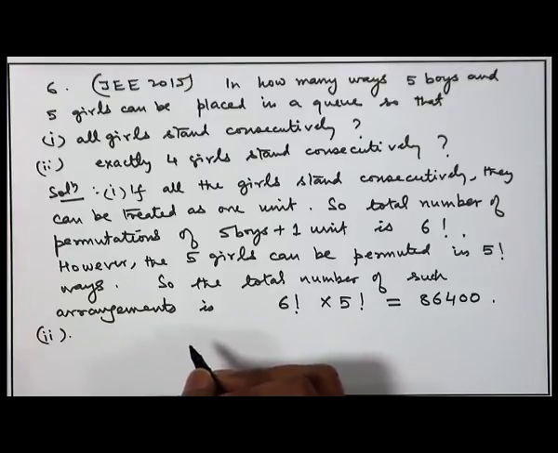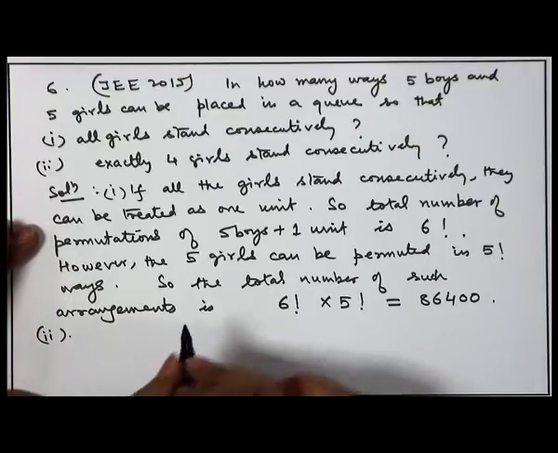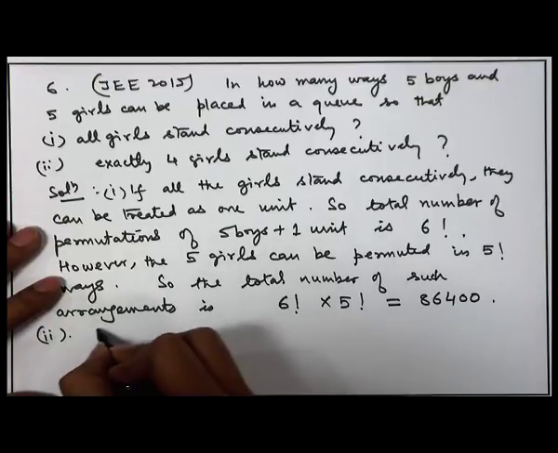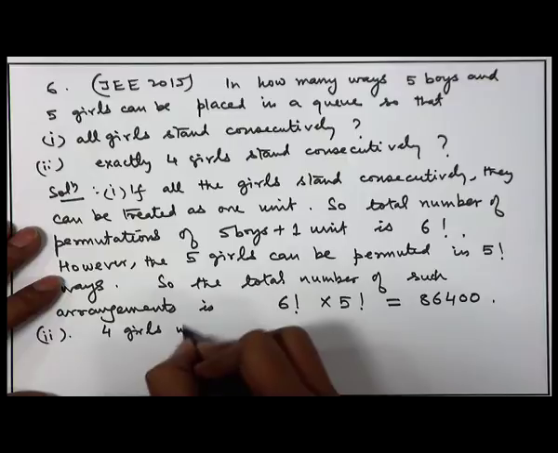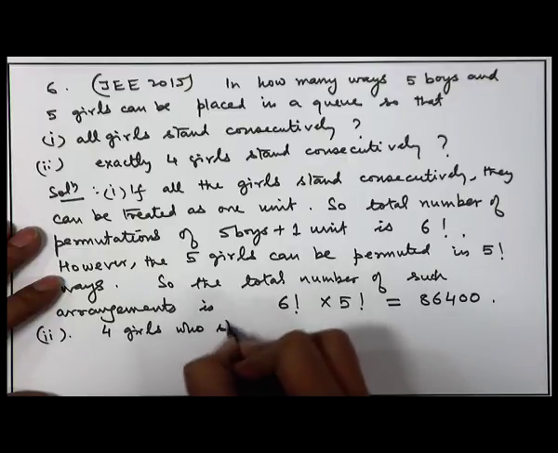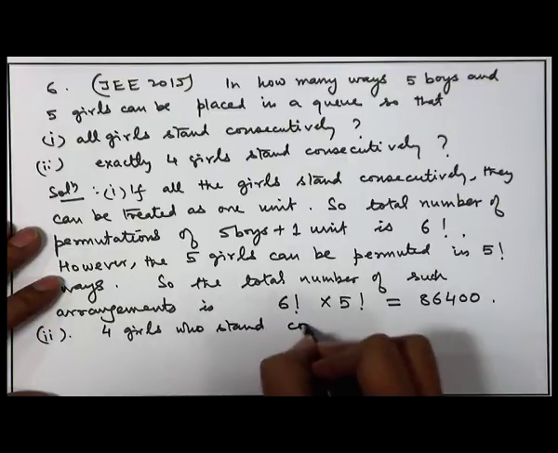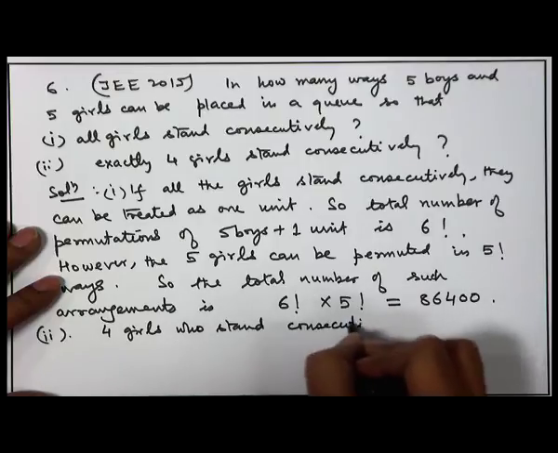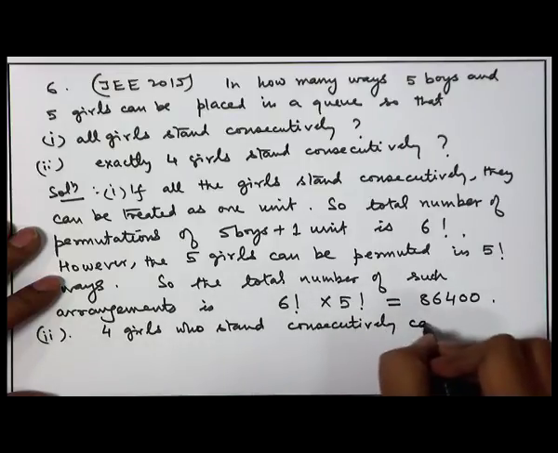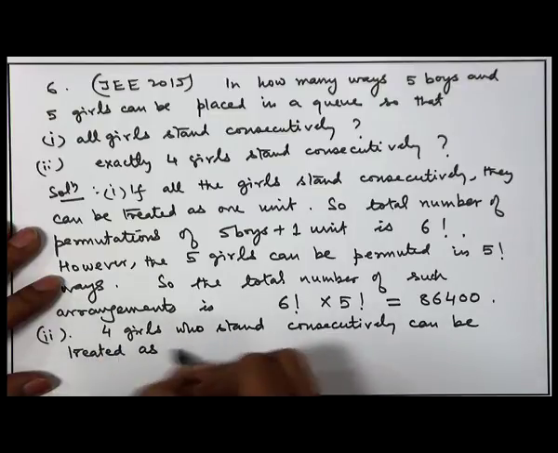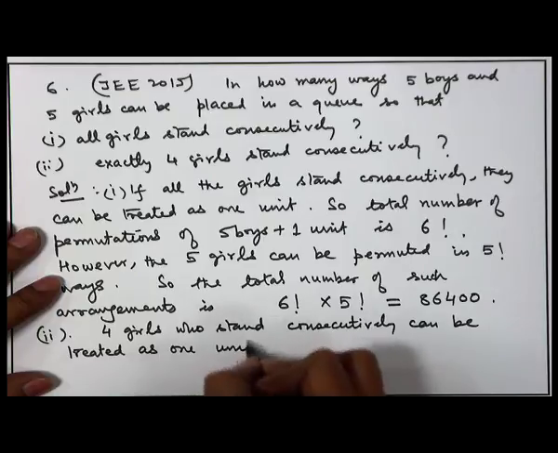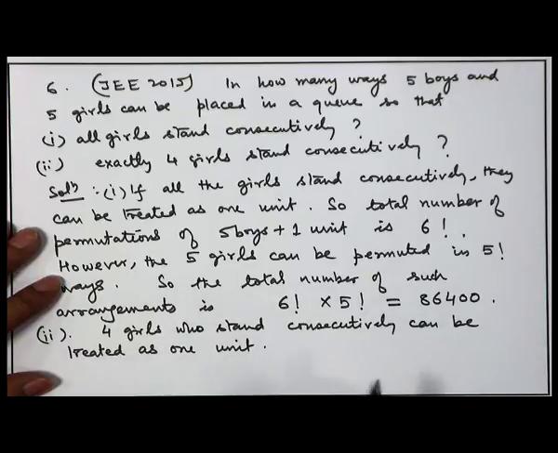So, if 4 girls are together, then they can be treated as a single unit. 4 girls who stand consecutively can be treated as one unit. Okay.